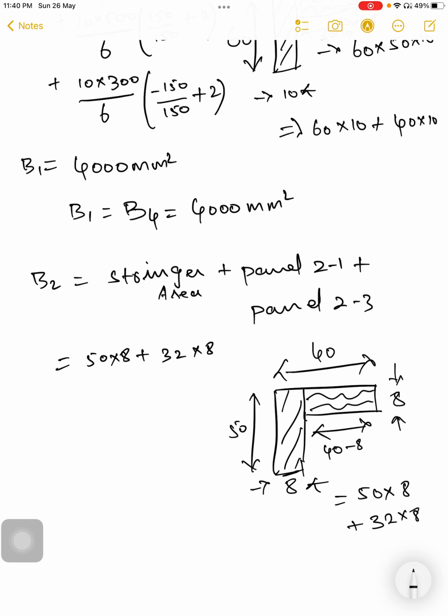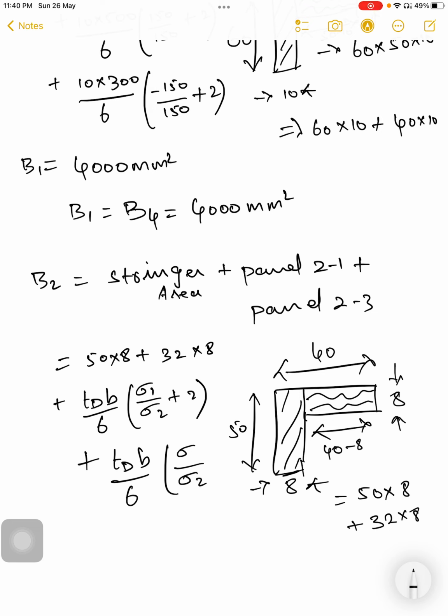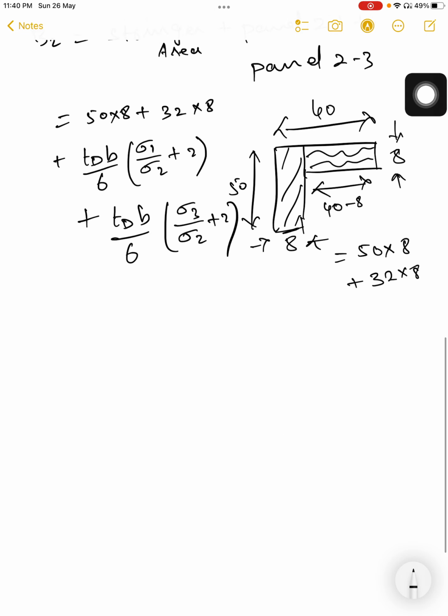The formula for panel 2 1 is t b divided by 6, with sigma 2 in the bottom and sigma 1 in the top, plus 2. For panel 2 3, t b divided by 6, with sigma 2 in the bottom and sigma 3 in the top, plus 2.